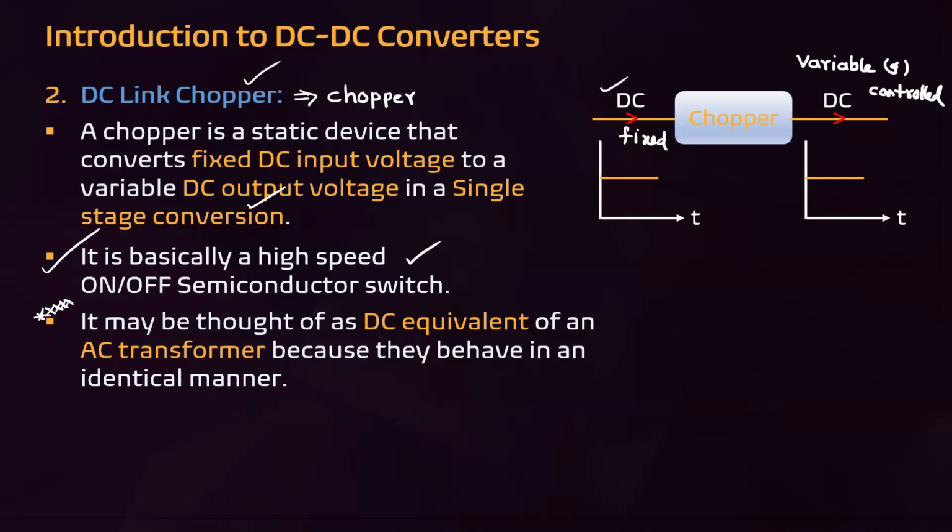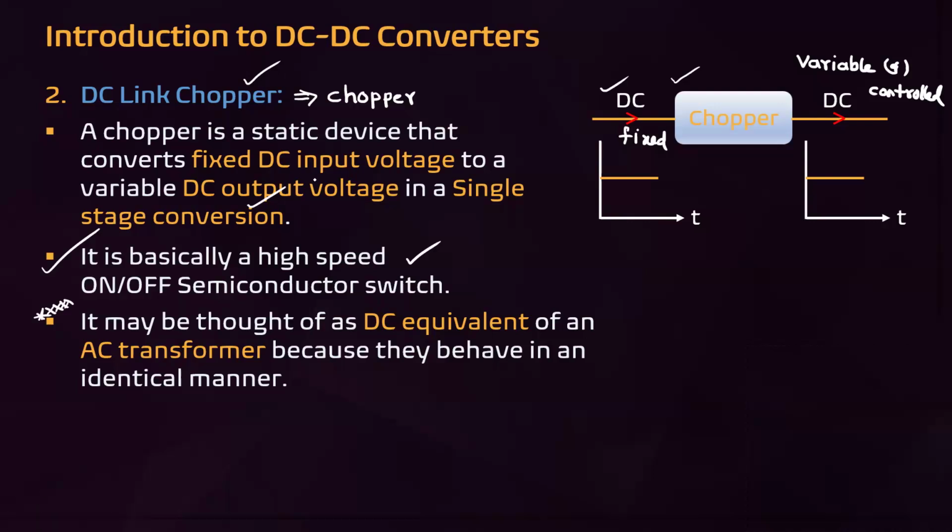By using these choppers, we can step down the DC voltage or step up the DC voltage, just like in a transformer we can step up the AC, step down the AC. That's why it is a DC equivalent of an AC transformer.